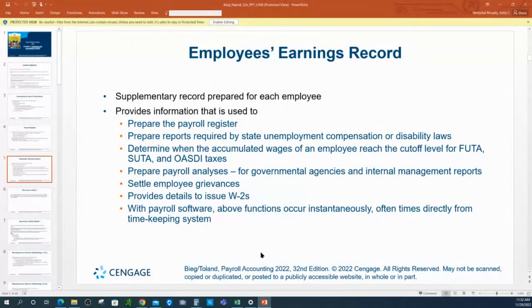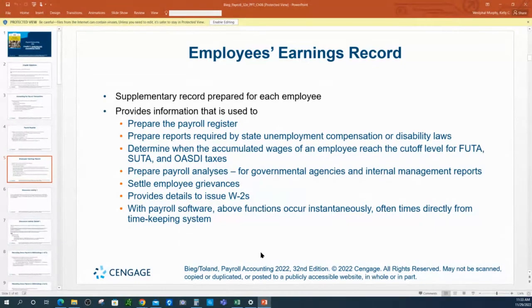The way we know that is by taking a look at the employee earnings record to see how much has been paid to that employee. For FUTA purposes, once we get to $7,000, any additional earnings for that employee aren't included. We're not going to use that in our calculations of FUTA taxes anymore.